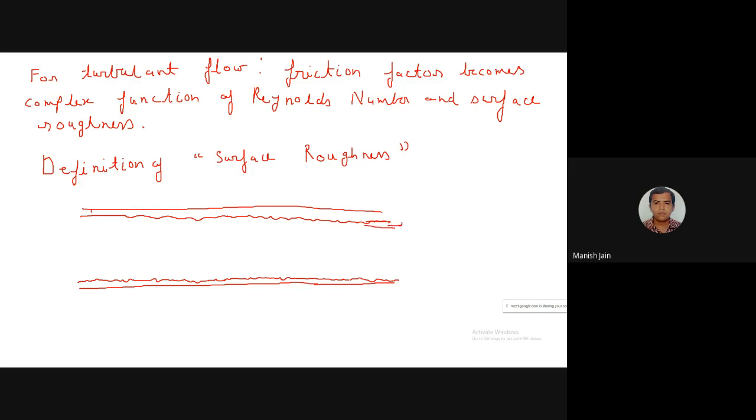Suppose this distance is the roughness, the thickness of the roughness. The surface roughness height, the thickness of the roughness, is xi, and the internal diameter of the pipe is capital D. So the surface roughness is defined by xi divided by D. This is called the surface roughness factor.